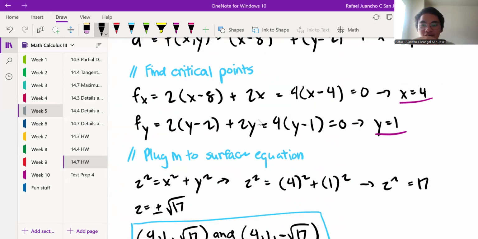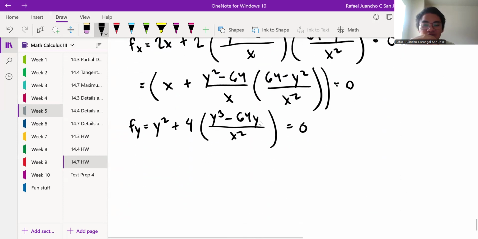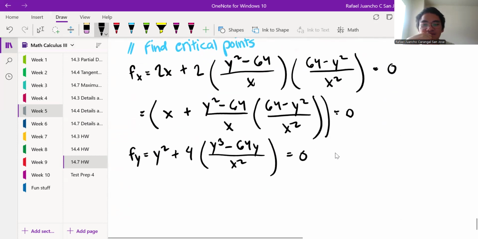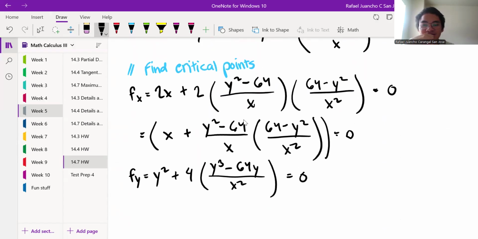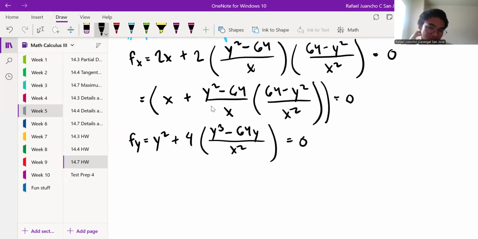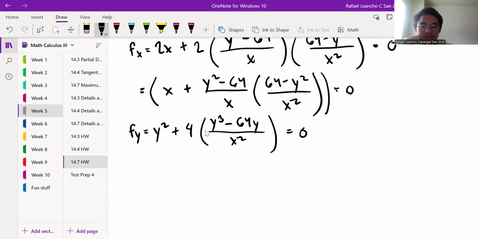And this one was way, way cleaner. So I could just immediately get the critical points. Here, I have to work my way to get the x and y values. It is possible, but it's just hard because of all of the things happening here. Is there a way to make it cleaner, maybe? I don't want to factor out anything that's weird.